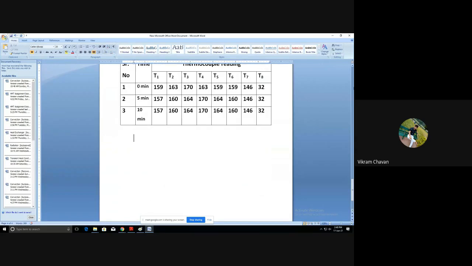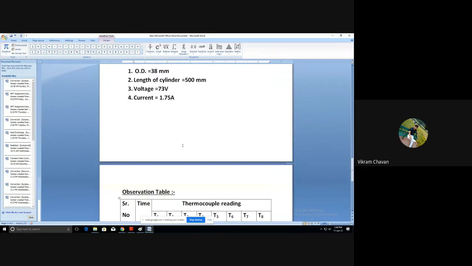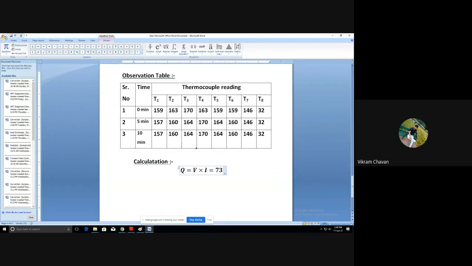First of all, we have to calculate Q. Q is equal to V multiplied by I, which is 73 multiplied by 1.75, and it will be in watt.